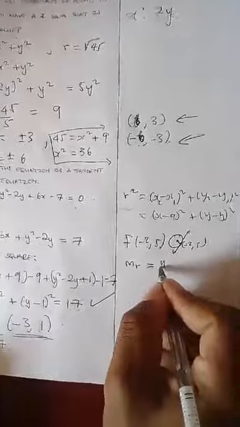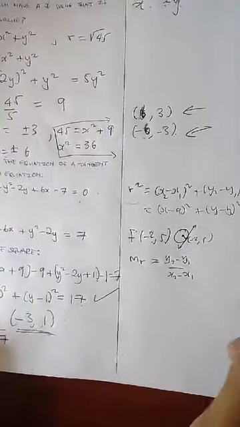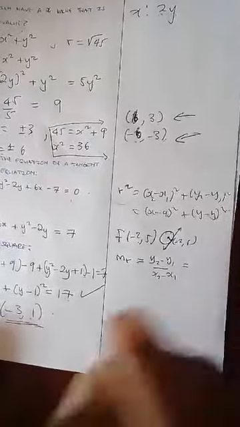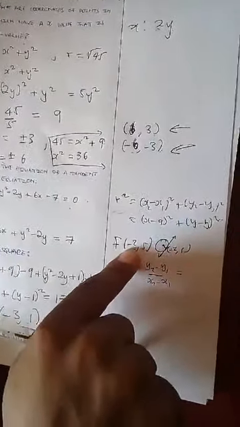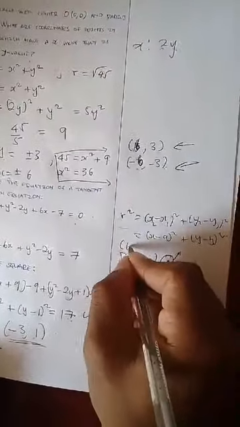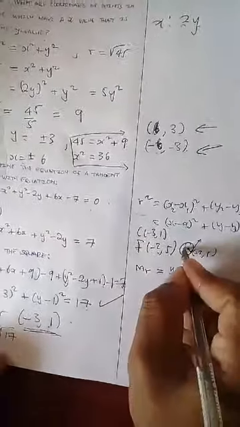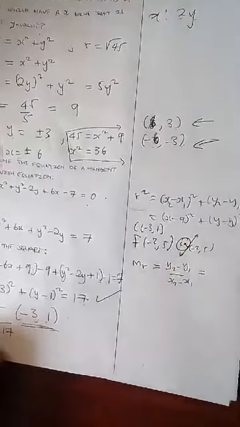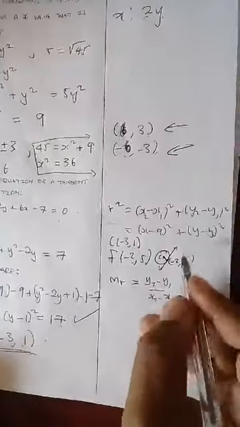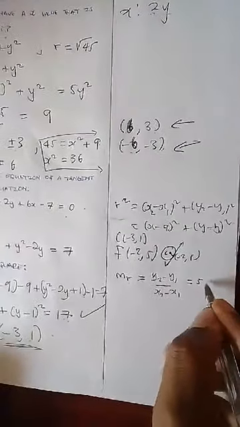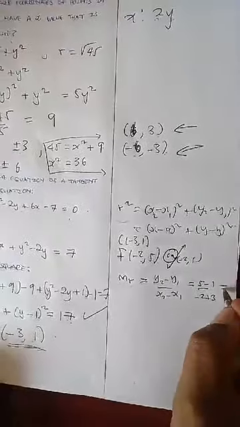So, it's y2 minus y1 all over x2 minus x1. Which points do you have? You have 2 points. You have the point F, which is minus 2 and 5, and you have the point C, which is minus 3 and 1 already, the center. So it's as if it's that point C there. So what's y2? You can choose any. So if you choose y2 to be F, this will be 5 minus 1 all over minus 2 plus 3, which gives us 4.